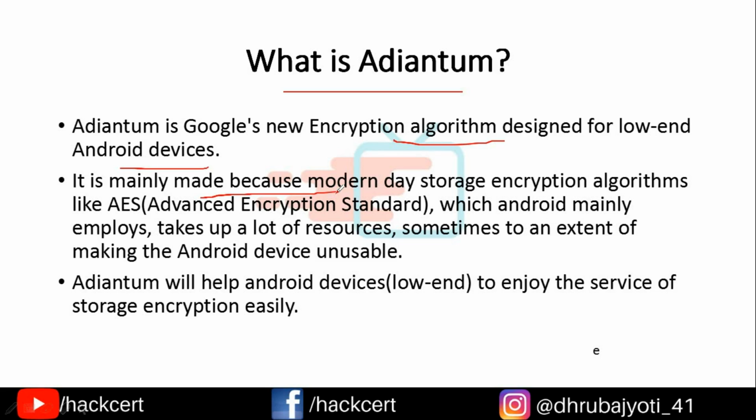If you tap on that, it will basically encrypt all the data that's there in your phone, so that if it goes into the wrong hands, and even if that person gets access to your phone somehow, he or she won't be able to understand what the files are in your mobile phone. So AES, Advanced Encryption Standard, is mainly used by Android to encrypt the storage.